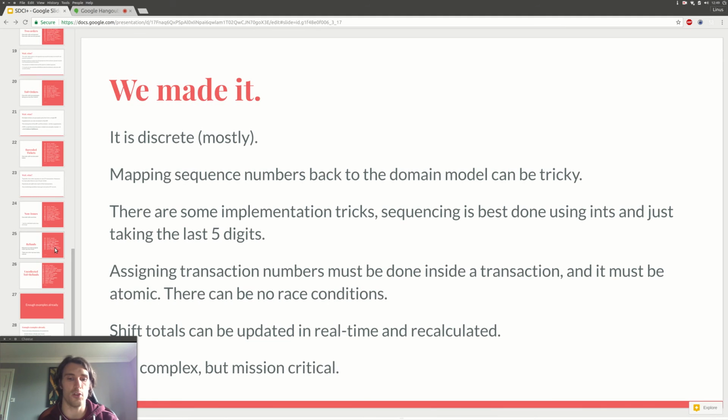If you have two individual processes that both read from the database for the latest, what's the next transaction number, they both take the same one, they both use it on a different ticket, you'll have problems when you try to build your SDCI Plus at the end of the day. That's relatively easy to solve with relational databases. If you want to use fancy technology like NoSQL or whatever, you're going to have other problems, particularly in a distributed system.